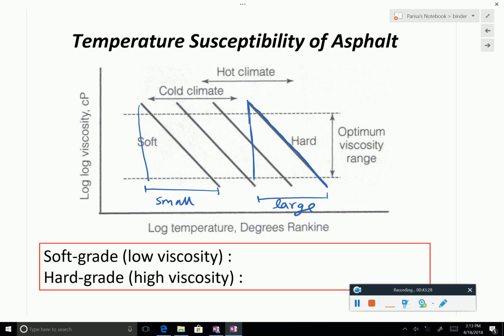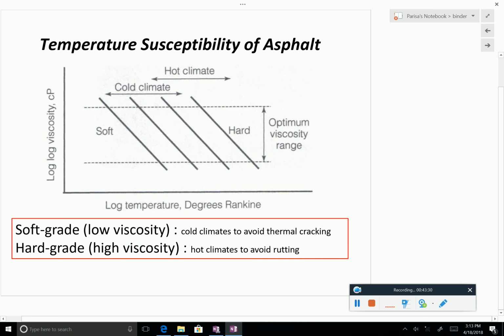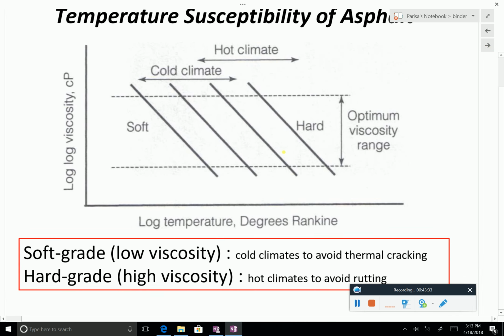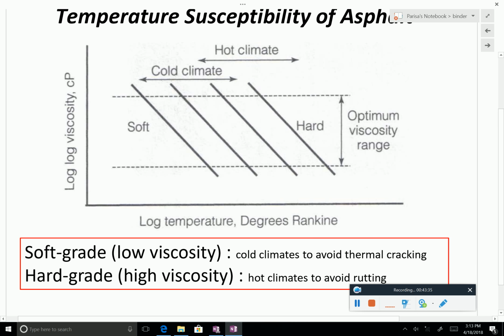So soft graded is better for cold climates. You want to use hard graded for warm climates, because you don't want the material to lose viscosity very much at high temperature. Otherwise, you're going to have a lot of running.